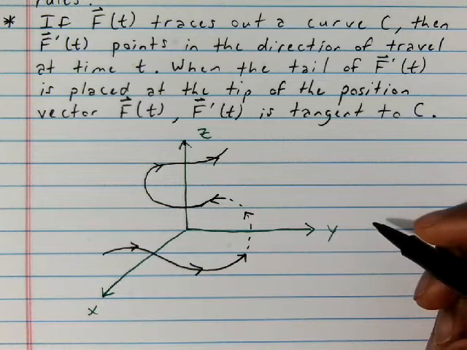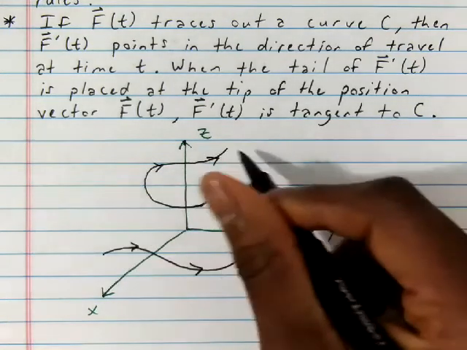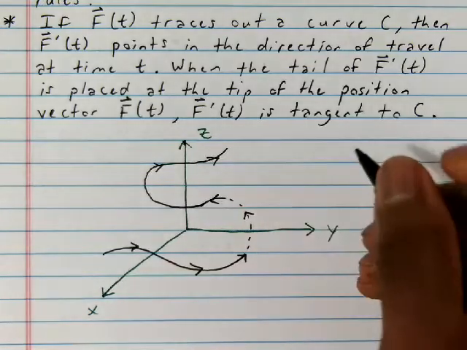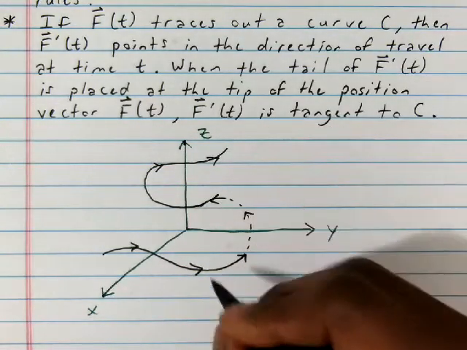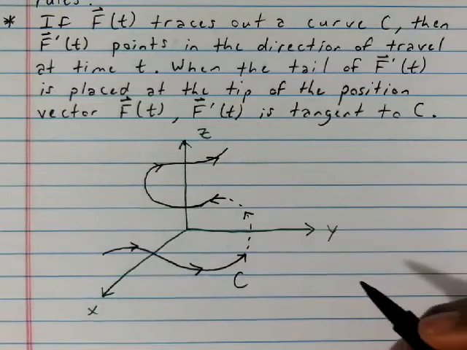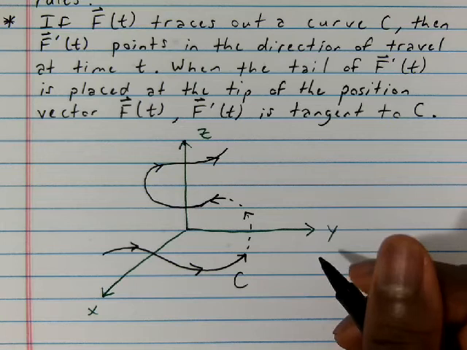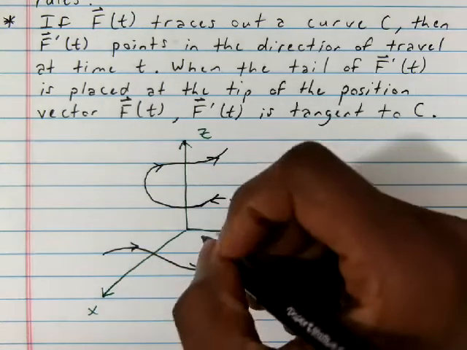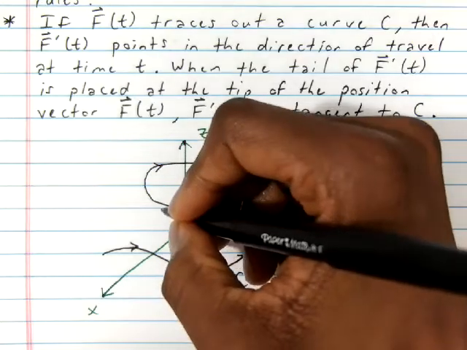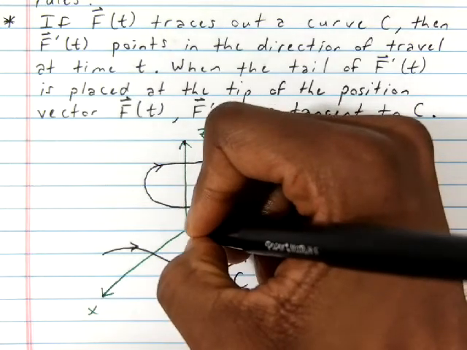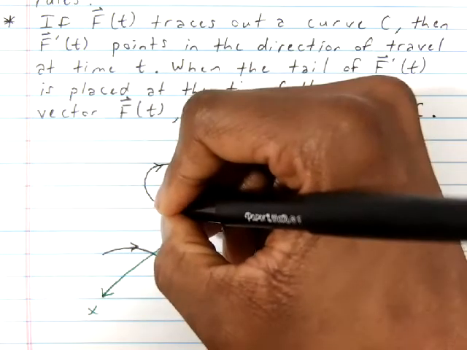All right, so this will be my vector function f of t, and it's tracing out this curve C, so this will be my curve C, excuse me. So let's just label this C. Now my vector function at any time t is tracing out this curve. I'm not going to draw f of t a bunch of times, but what I want to do is I'm going to draw an f of t just at some particular time t.